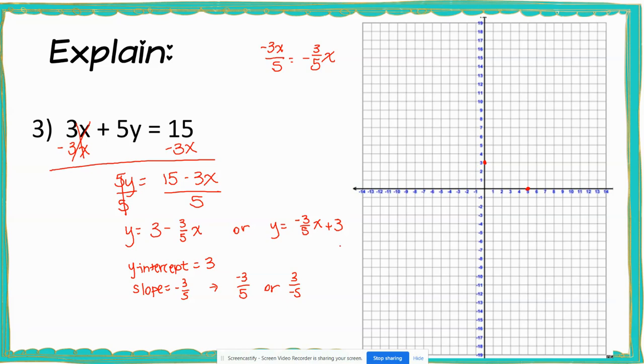I could have also used positive 3 over negative 5, which means I would have had a rise of up 3. And then because the run is negative, I would have moved left 5. And you can see that this would still create the same line. So anywhere on that line, it's going to have that same slope, and we can continue in either direction.